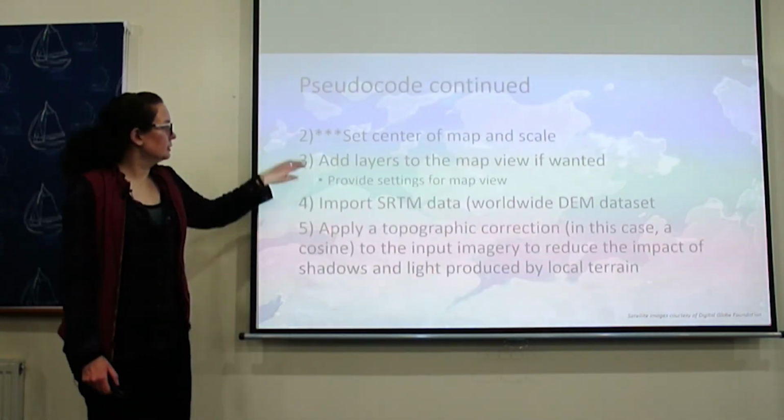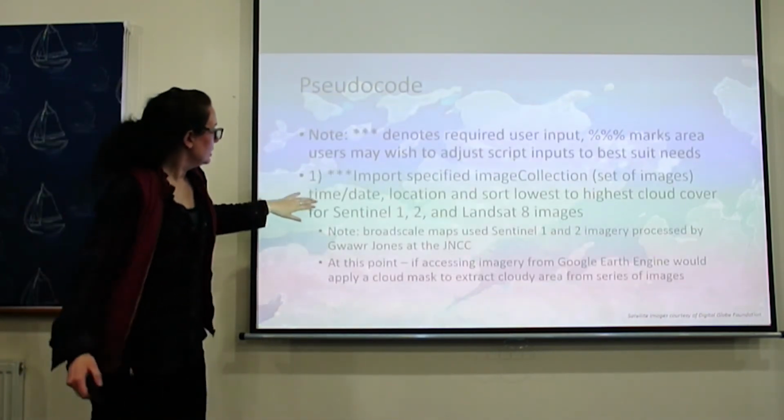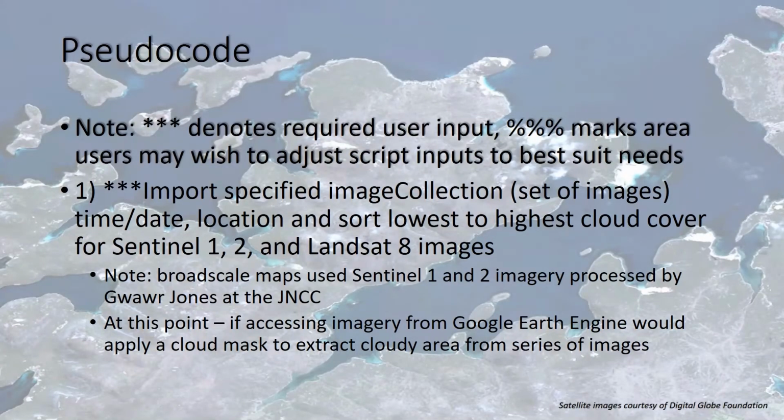Okay, so when you get going, the first thing you do right out of the box is import your data. Usually we import it as something called an image collection, which is basically an assortment of files that you're going to use. You specify these images with details like the time and date, the location that you want the imagery from, and whether you want to sort by cloud cover.